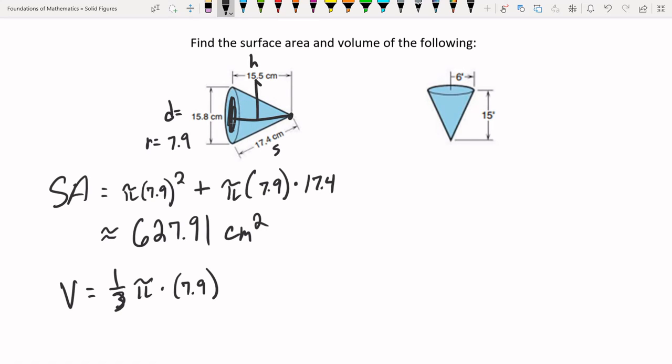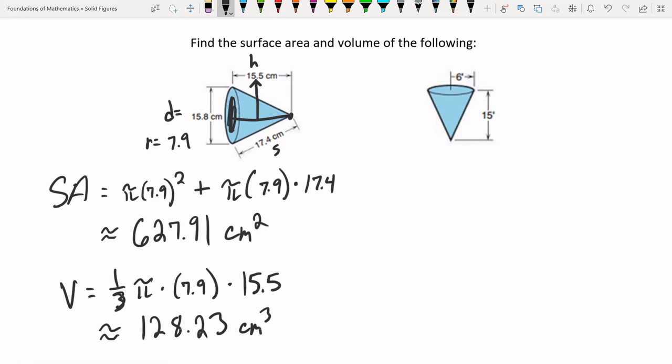That's why the height is 15.5. It doesn't matter if the cone's on its side, that's still going to be the height measurement. This is once again an approximation. So 1/3 times pi times 7.9 squared times 15.5. I'm getting 128.23, and this is in cubed units because it's a volume. All right, that was the first cone.